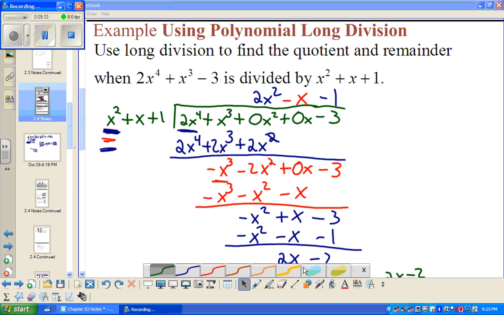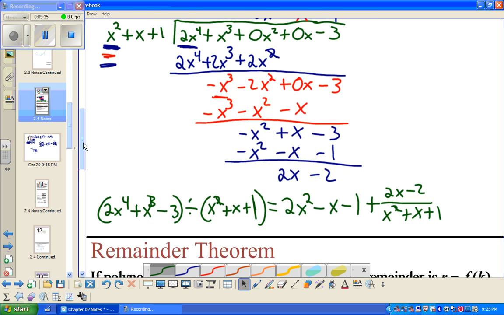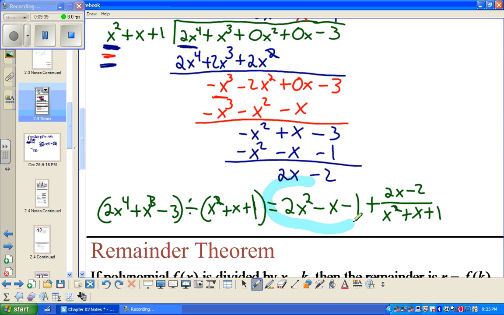So then the quotient would be 2x squared minus x minus 1, and the remainder would be 2x minus 2.